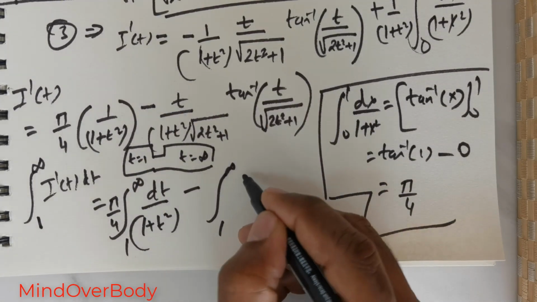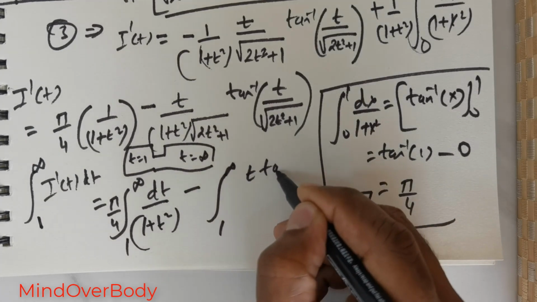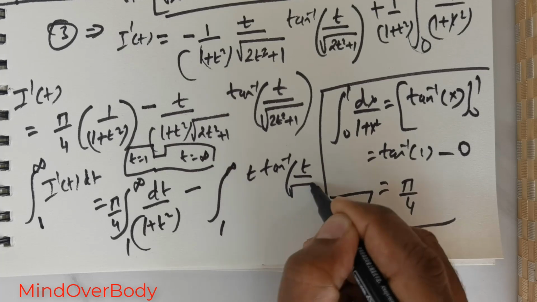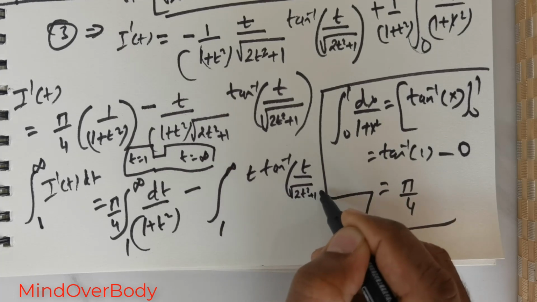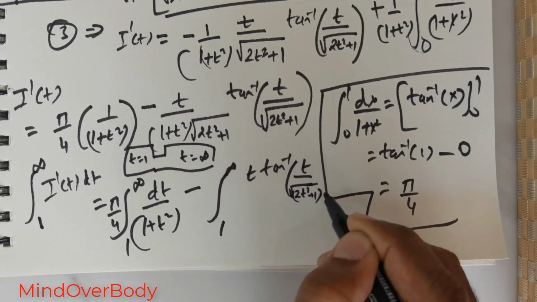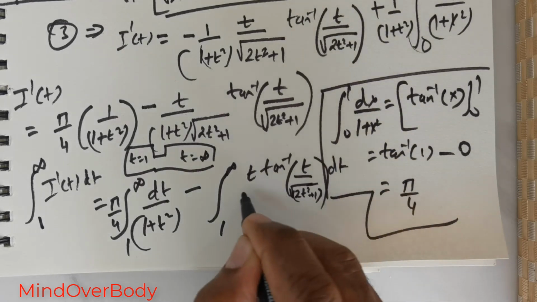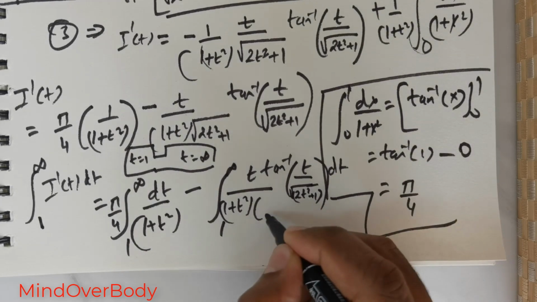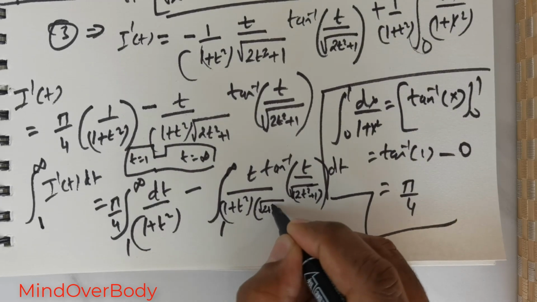So this is the integral from 1 to infinity of t times tan inverse of t over root of 2 times t squared plus 1, times dt divided by 1 plus t squared times root of 2 times t squared plus 1.